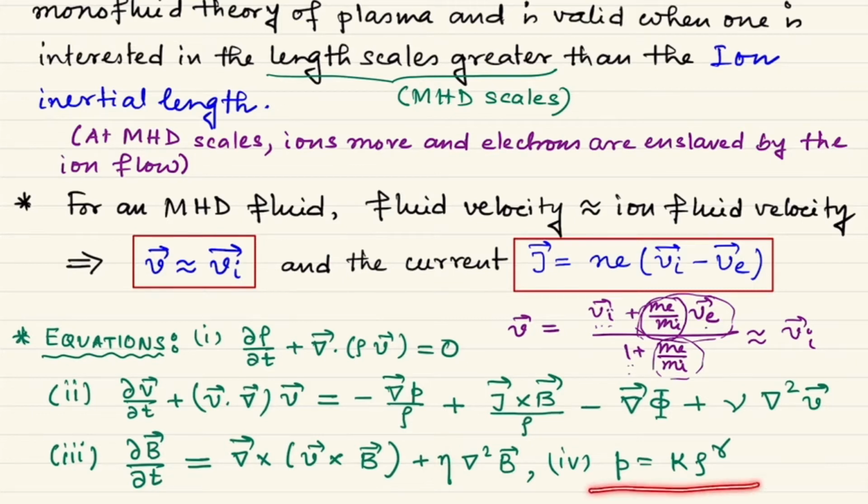And finally we have to close the equations. Since, again for the sake of simplicity, we are not considering the energy equation, we simply close the equations at this level by saying that our fluid is polytropic, even simpler than saying it to be barotropic. So P has this specific form, K times rho to the power gamma.